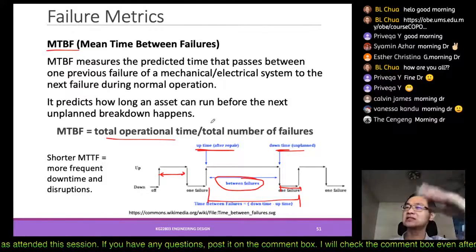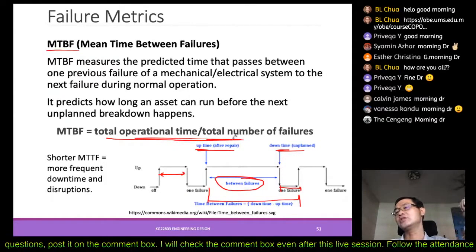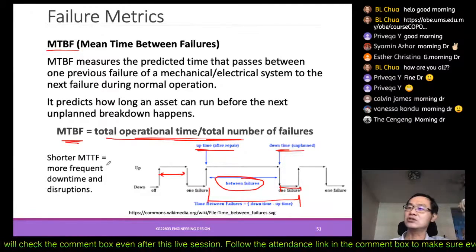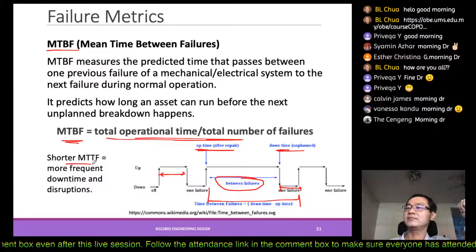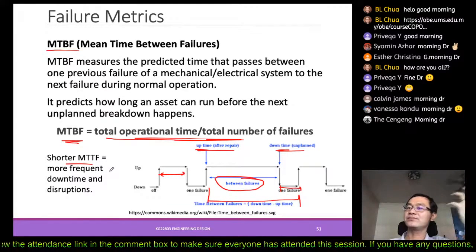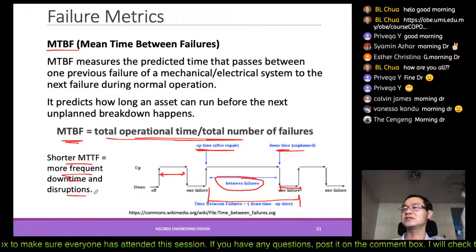So this needs a lot of data collection for your own machines, to identify the mean time between failure. The shorter the MTBF, it means more frequent downtime and more disruptions. This is the idea.